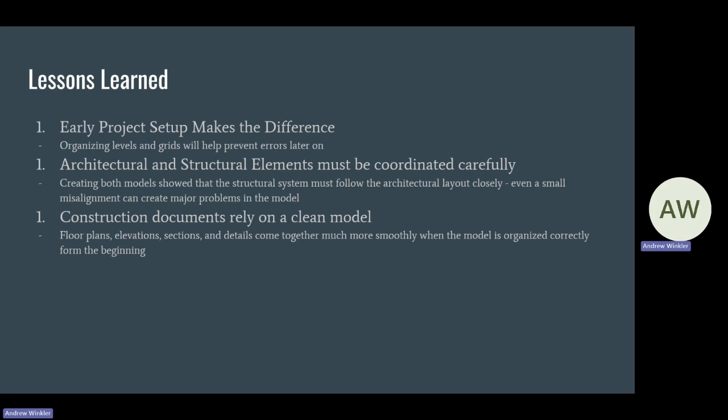I was really just trying to get through it as quickly as possible, and it took a lot of time later on trying to catch back up and redo all the stuff I messed up.